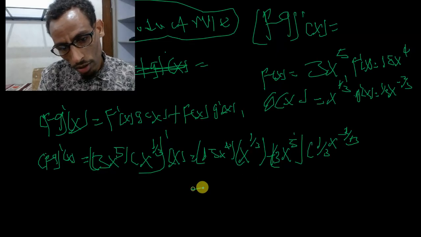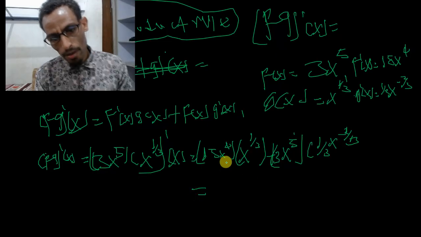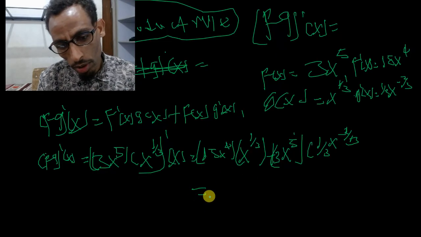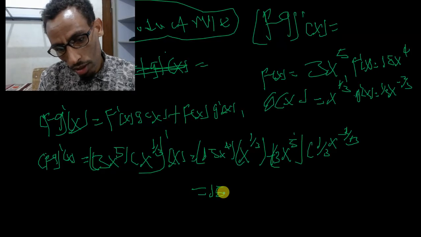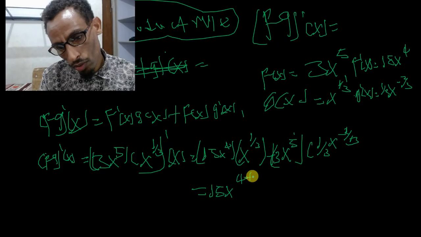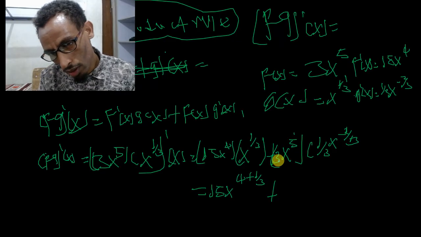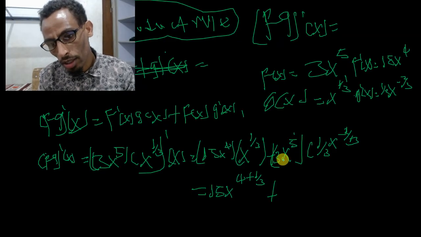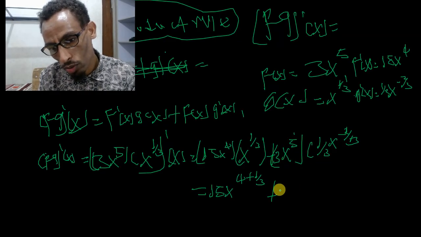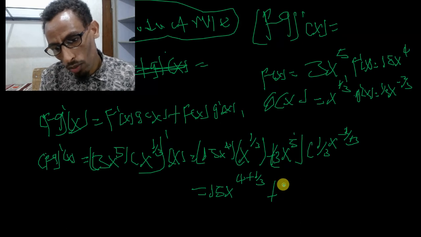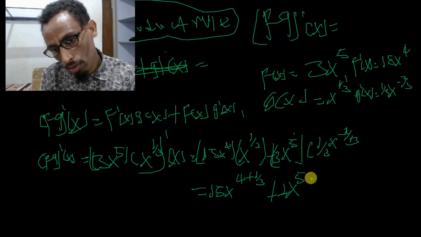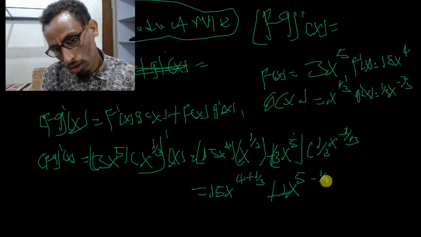Now our target is to add up the exponents. That means 15 times x to the power of 4 plus 1 over 3, plus 3 times 1 over 3, which is 1, times x to the power of 5 minus 2 over 3.